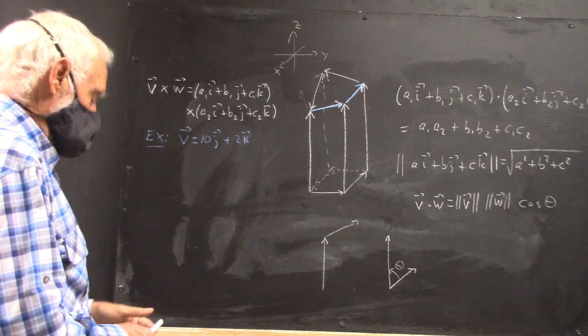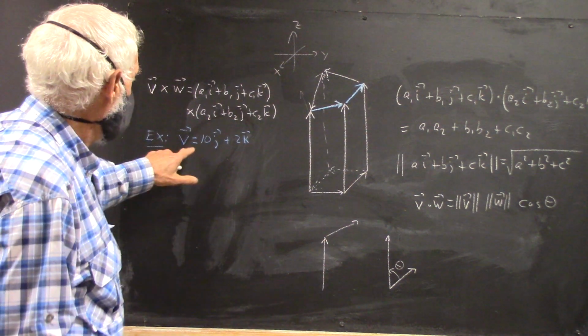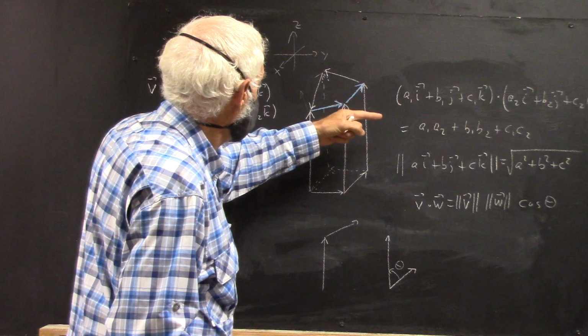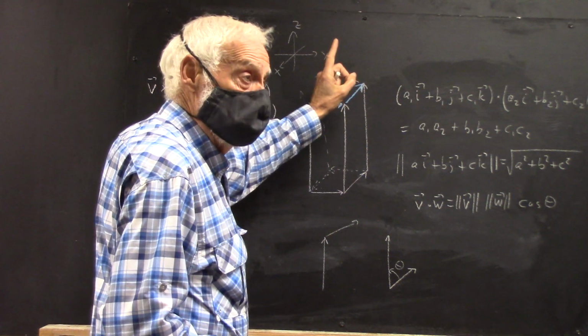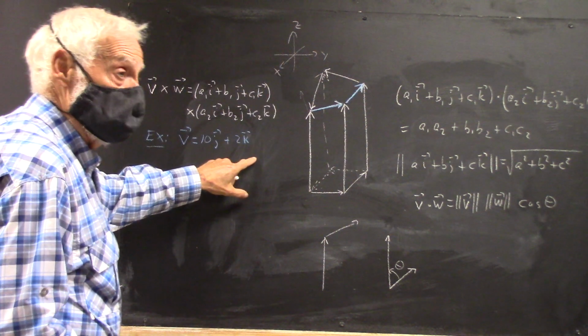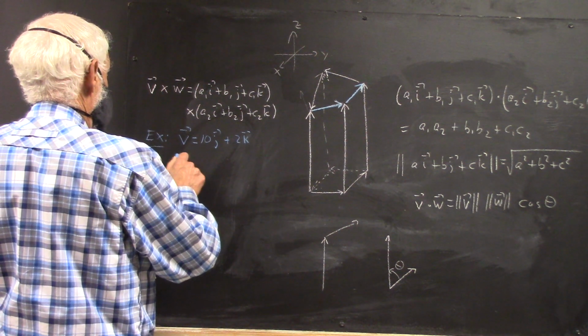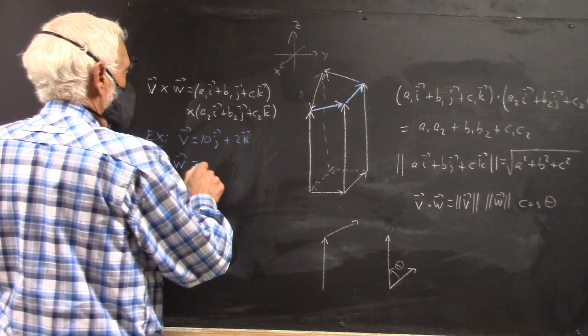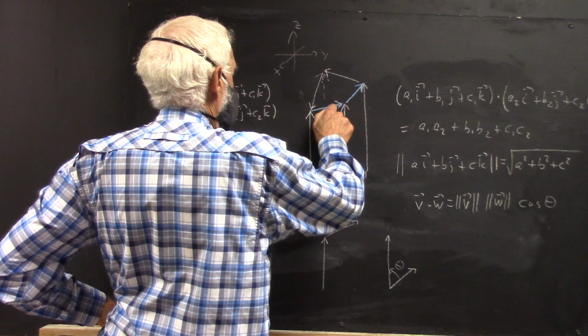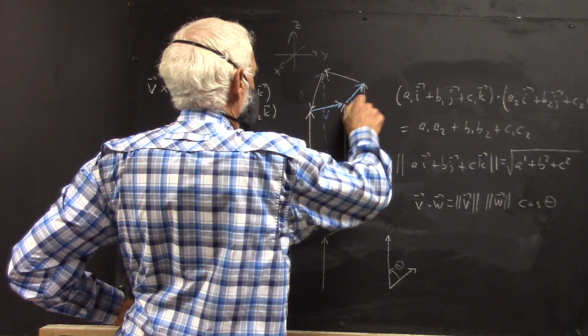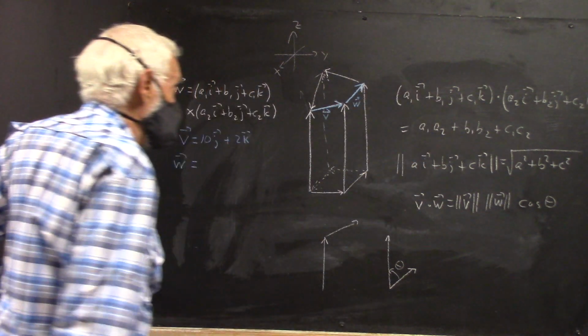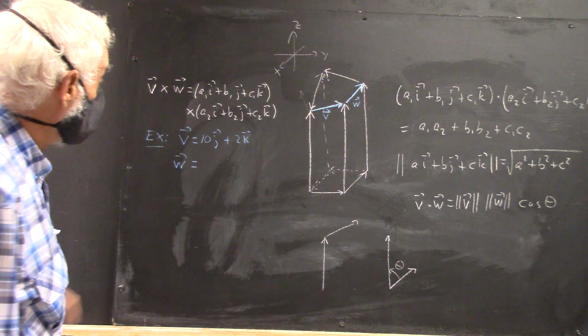Okay, so V, in this case, is going to have a y component and a z component, meaning it will have a j and a k component. W, let's say, is this vector, so let's call this one v for the moment. Let's call this w. You have them labeled in different ways, and that's okay. They're all good labelings.